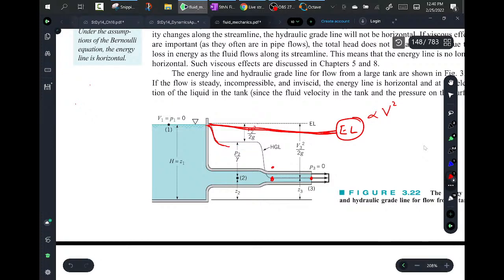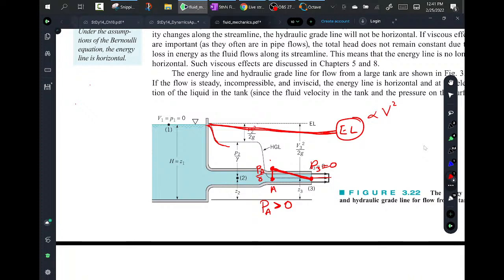This thing right here is P, I'll call it point A, P sub A over gamma. It starts right here, and then it declines off and ends up exiting the pipe at P3 equals 0. But back here at PA, I don't know how much greater than 0, but it is greater than 0.